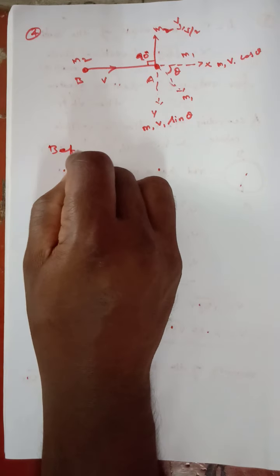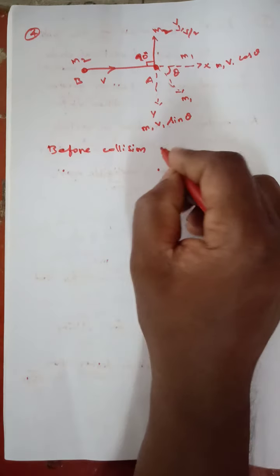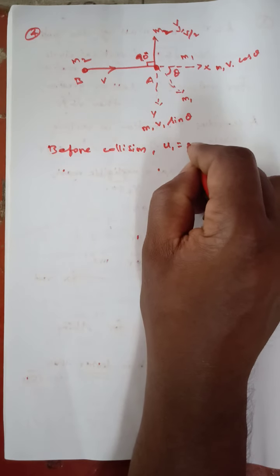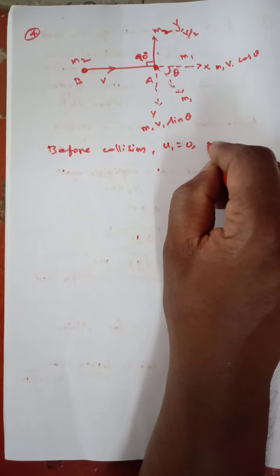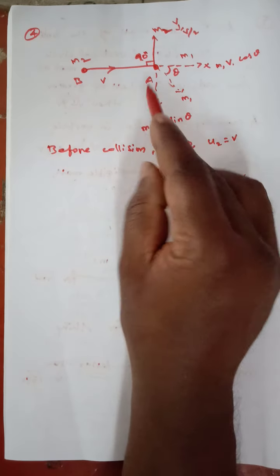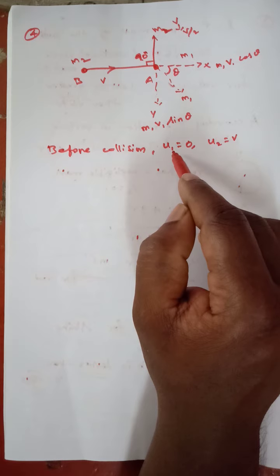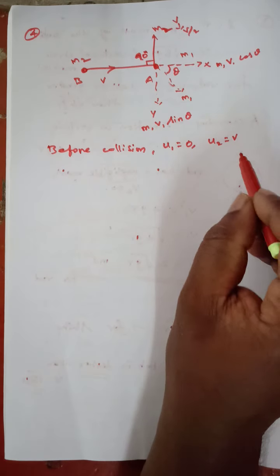Before collision, the initial velocity of object A is 0, as A is at rest, so its velocity is 0. But B is moving with velocity v, so we write u equal to v.